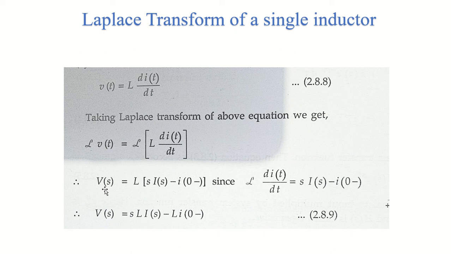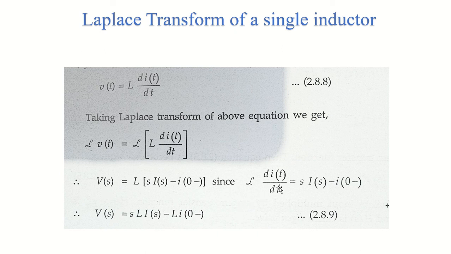So you will have V(s) equals, now what will be the Laplace transform of L di/dt? L is a constant, so it will be taken out, and instead of i, you will get s I(s) minus i(0-). Remember, I've told you to learn about the initial conditions. Revise it.